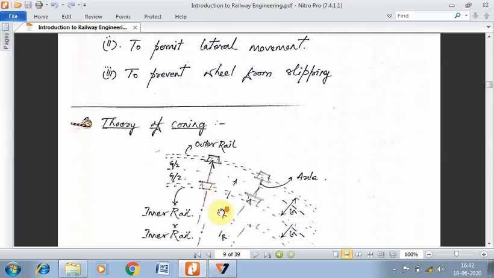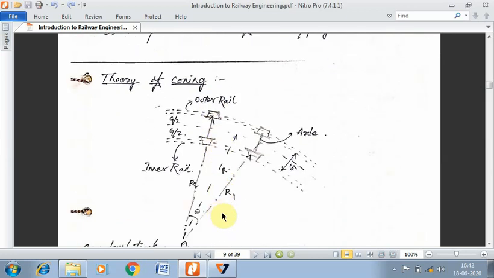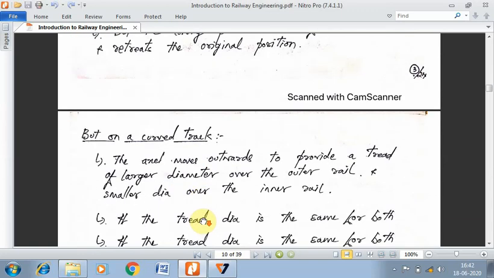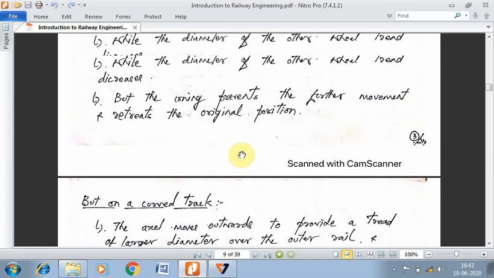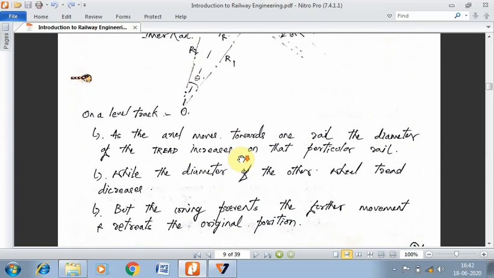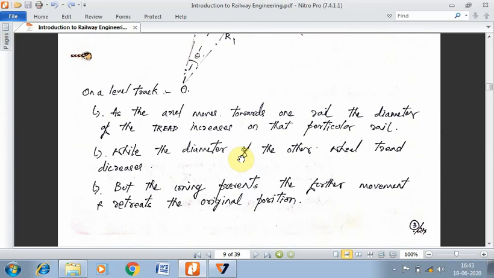Now this theory of coning explains how it works on a level or straight track, and on a curved track. Okay, so on a straight track, consider a straight alignment, and how the axle moves towards the rail, either the outer rail or the inner rail.